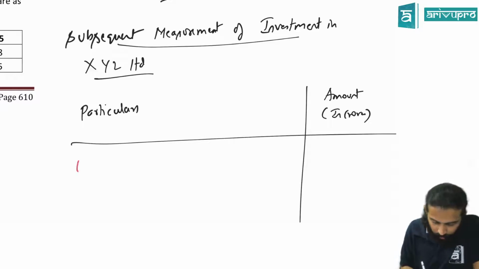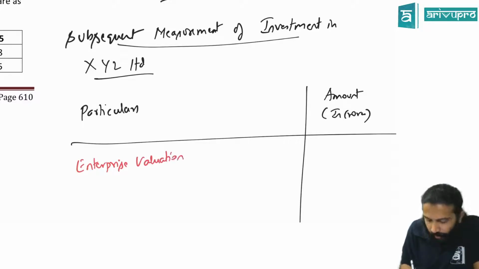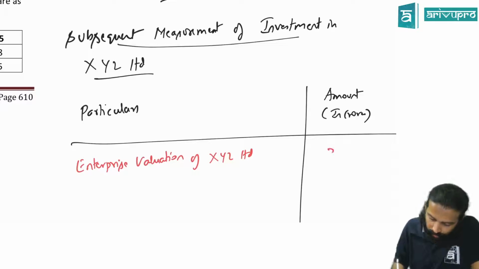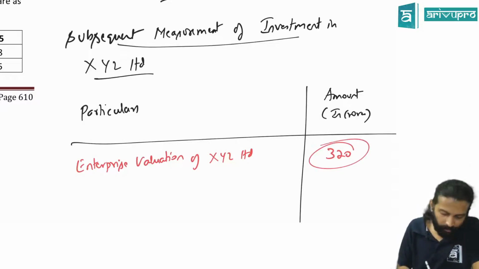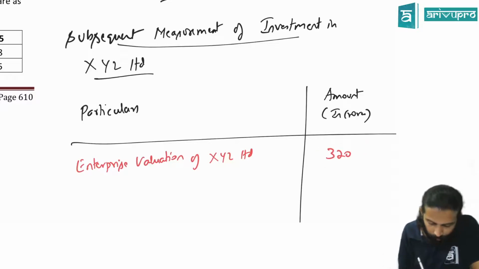What is the enterprise value of the company? 320 crores, the enterprise valuation of XYZ Limited. Just now we found that to be 320 crores. I'll just write 320, anyway I've written crores here. But we own only 5%.